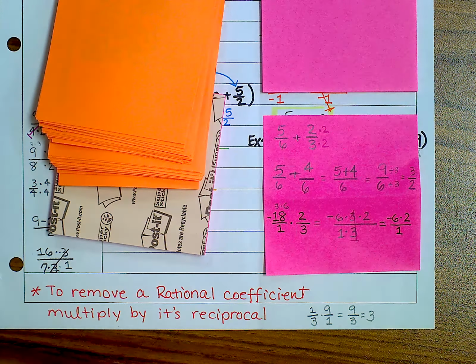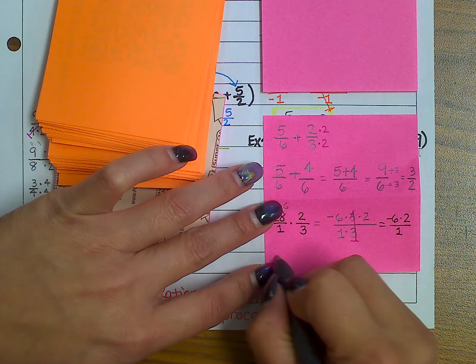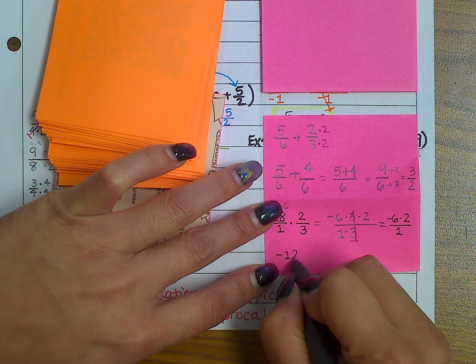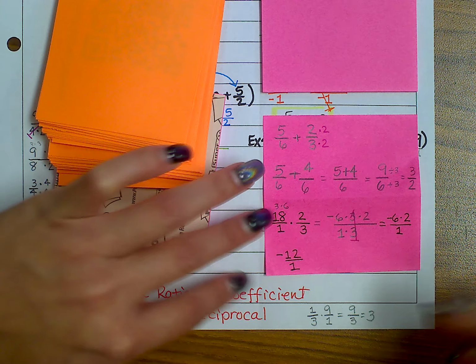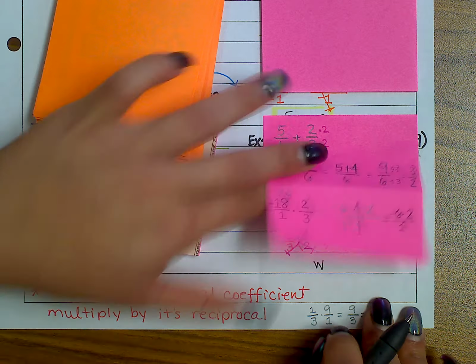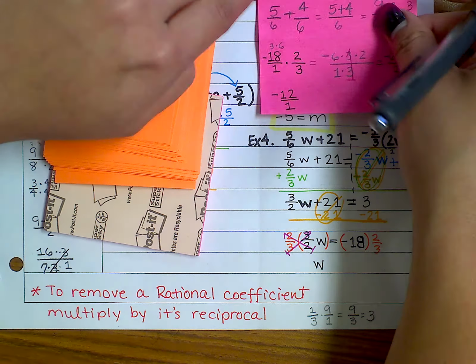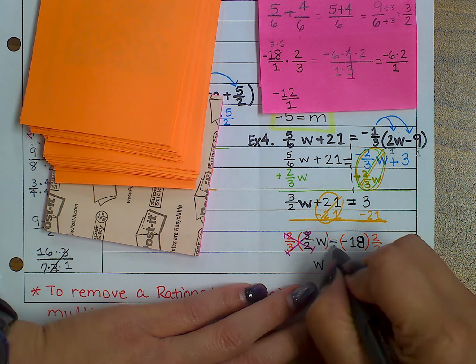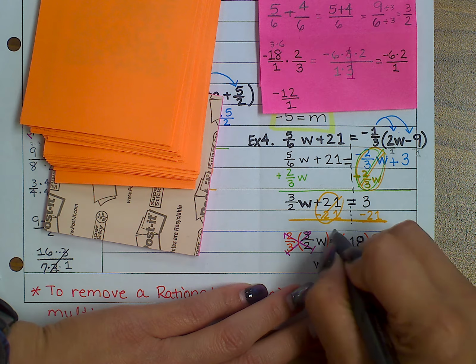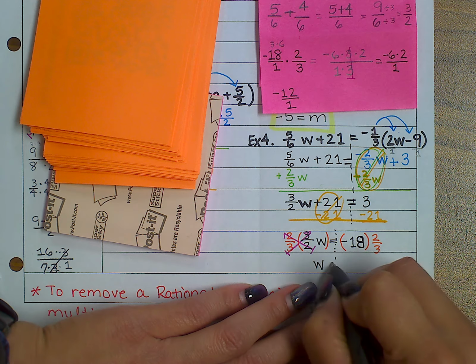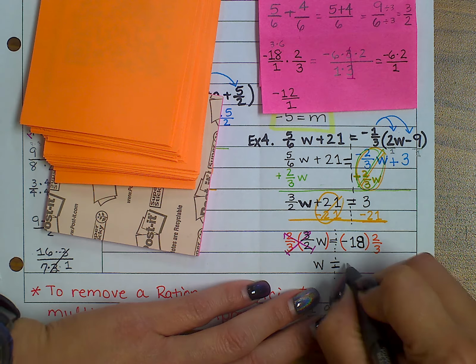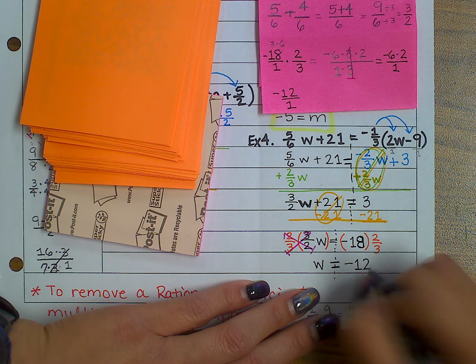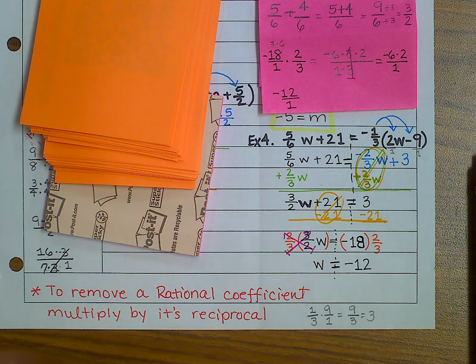Now, negative 6 times 2, of course, is going to be, well, negative 12 divided by 1 is just negative 12. There we go. So I would say, sorry, I moved this all over. W is equal to negative 12. And I'll box my answer.